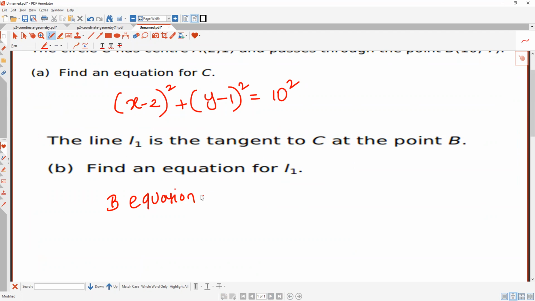What is the equation you guys are getting? 3y equals minus 4x plus 61. 3y equals minus 4x plus 61. Yes, I did that. Thank you.